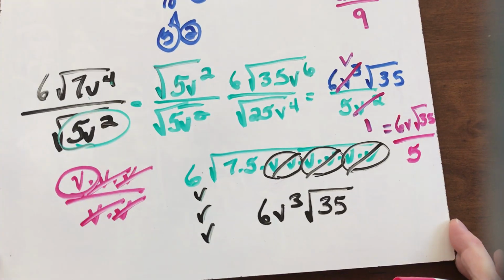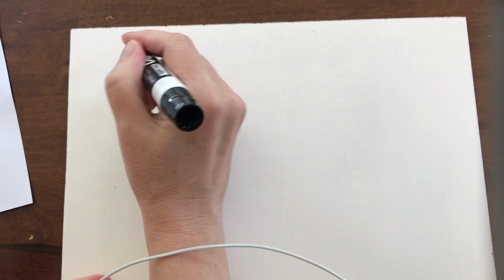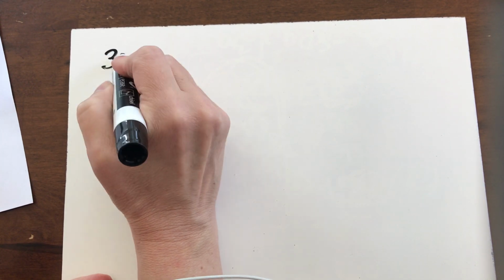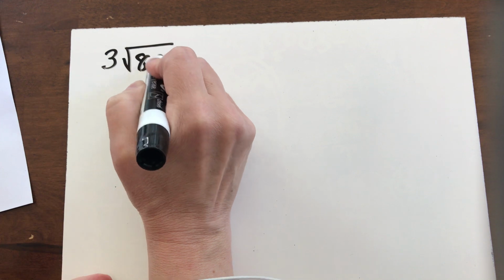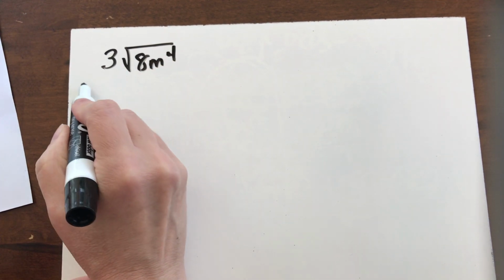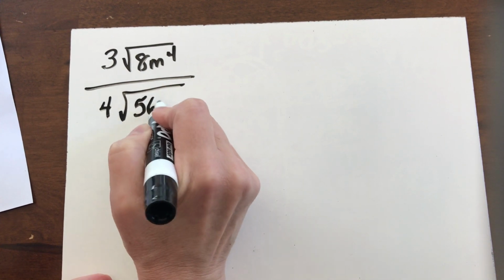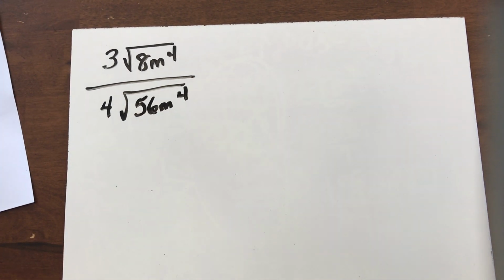Okay, let's look at another one of those, because that one was a little difficult when we get the letters involved. All right, what if we have 3 times the square root of 8m to the fourth, over 4 times the square root of 56m to the fourth. Okay.